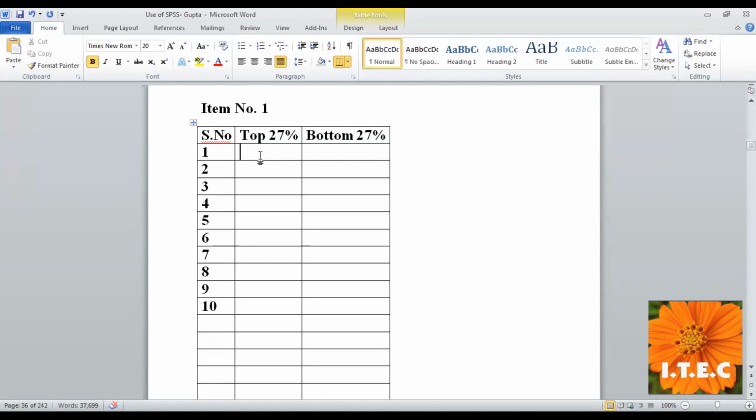Okay, so if it is a 5-point scale, then the maximum score can be 5 and minimum can be 1.